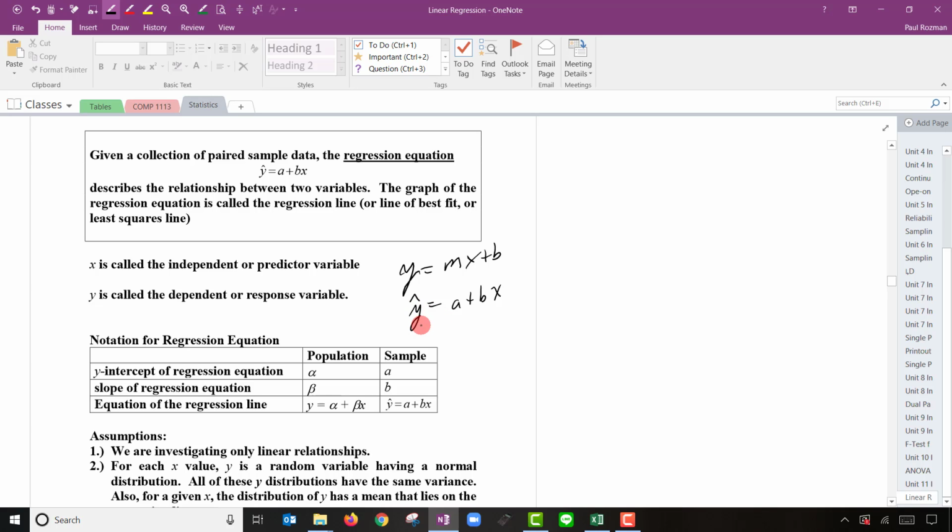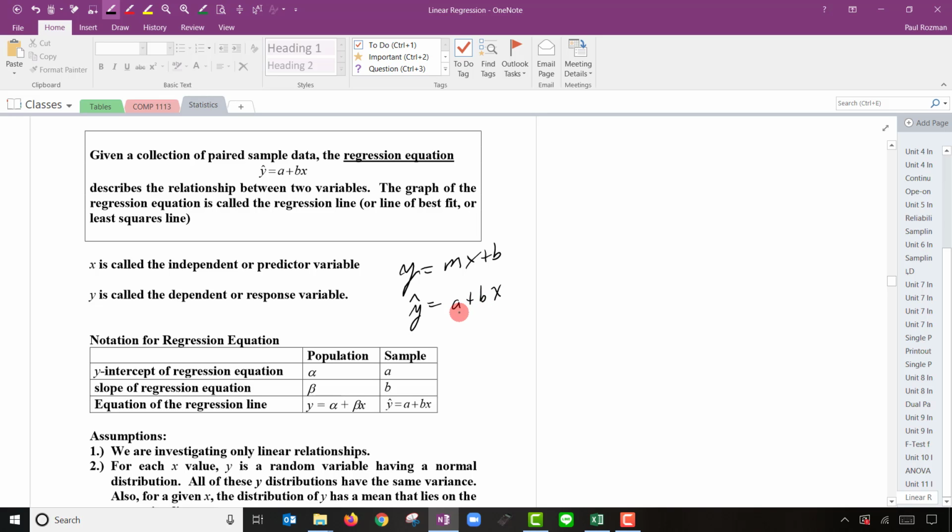So we're breaking our rule of having a Greek letter for the population there. But I think you get the idea. We're at least keeping consistent with our Greek versus English rules for the parameters for the intercept and the slope. It takes a little getting used to calling the slope b.